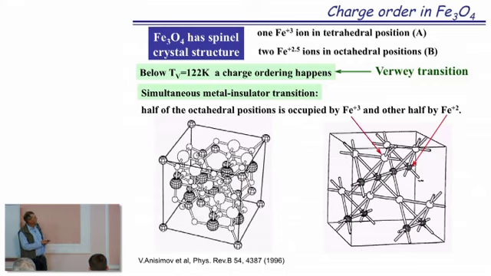So in magnetite, we have 3-valent ions in tetrahedral positions. They are dead, which means they are not interesting. But also we have in octahedral position either non-integer valency, 2.5, or below the Verwey transition, we have 2 types of sites, which are interpreted as 2-valent and 3-valent.